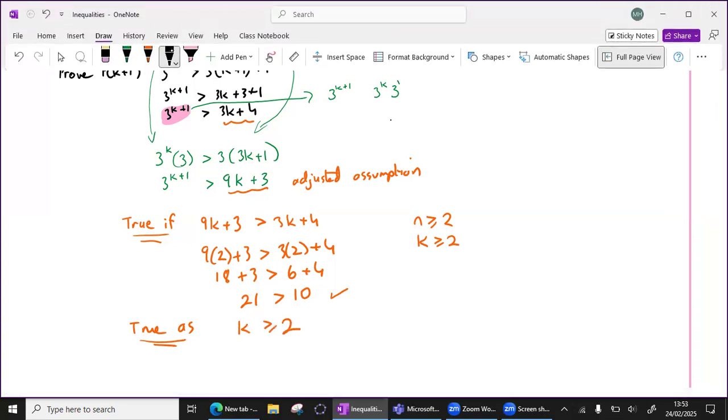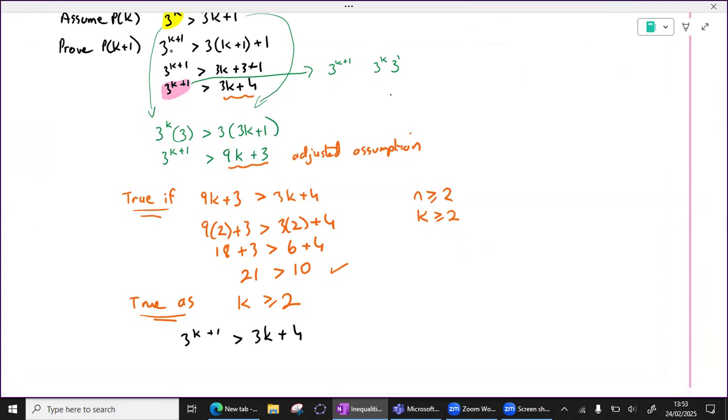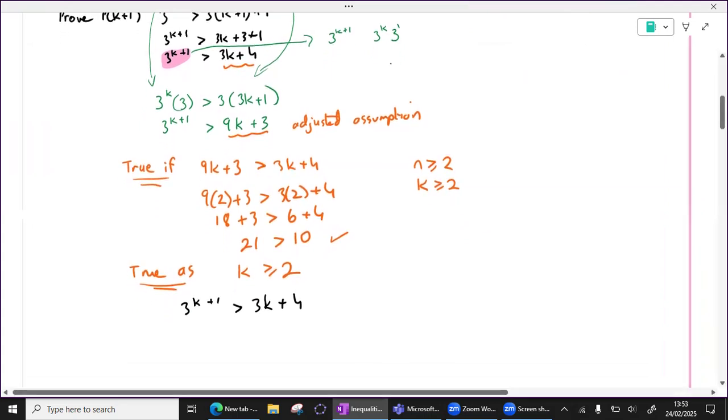So what we usually do now is we repeat the last black sentence just to clarify that we have proven what we wanted to prove. How did we do it? Well, we did it using the green and the orange section. And then we go ahead and do our usual generic line. Therefore, P of k plus 1 is true if Pk is true.